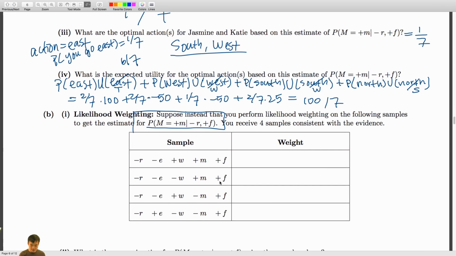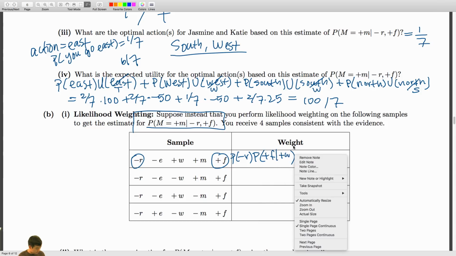So in this case, the weight we would assign to the first sample is going to be equal to seeing -R and +F, given everything we know, which is going to be equal to the probability of -R times the probability of +F given +W.